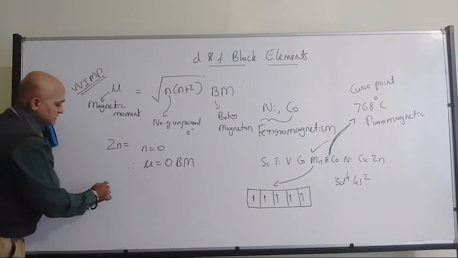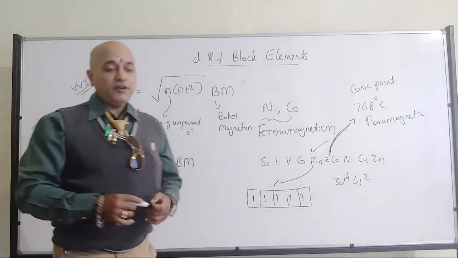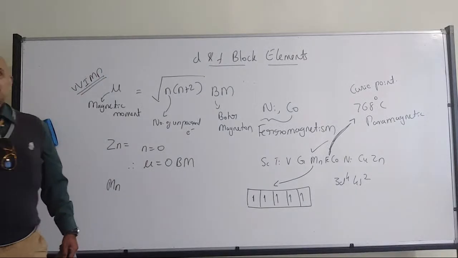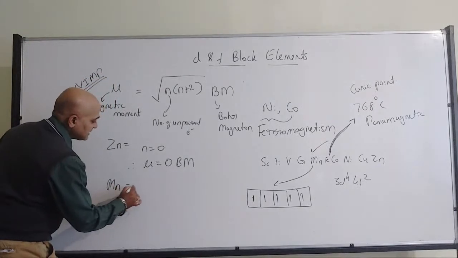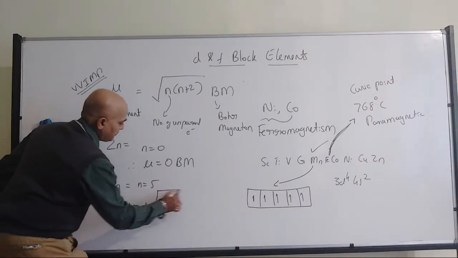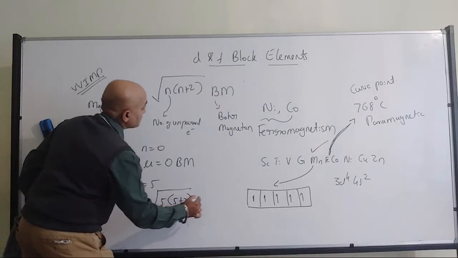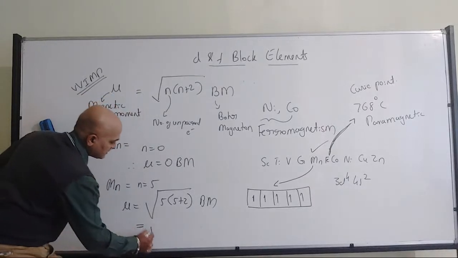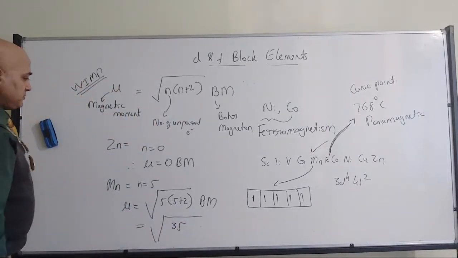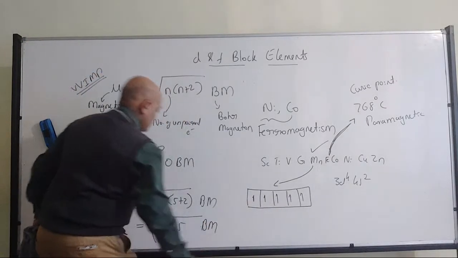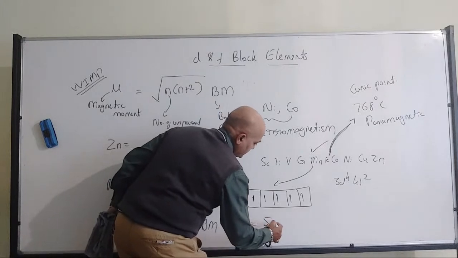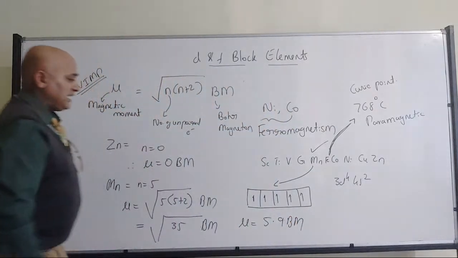Can you calculate it for manganese, where there are 5 unpaired electrons? So n is 5, and mu is the square root of 5 into 5 plus 2 Bohr magneton, which is the square root of 35, since 5 plus 2 is 7.